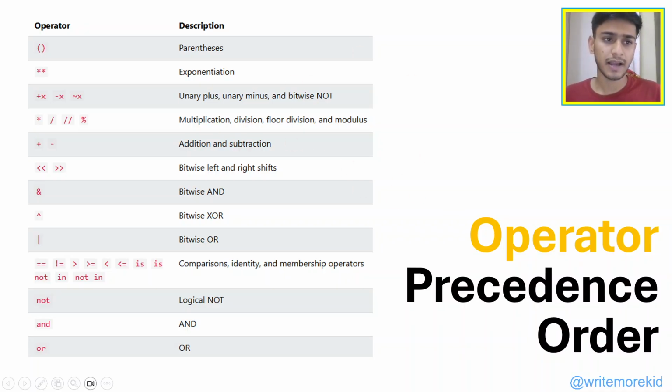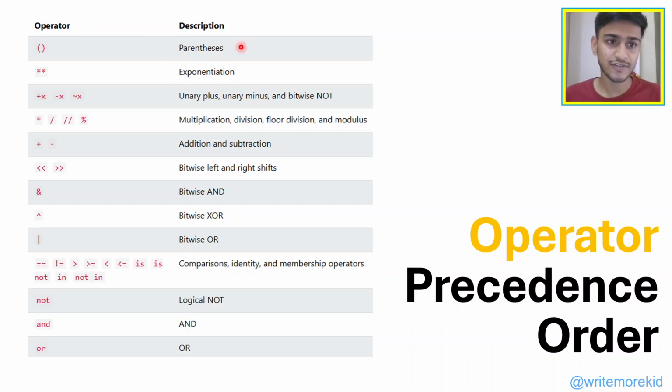Getting back to operator precedence order, you need to memorize this order because it does matter. You should at least know that exponential and parenthesis are the topmost operators. Whenever an expression is given to you, there is a hierarchy.